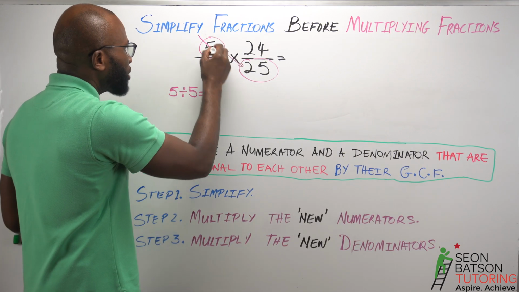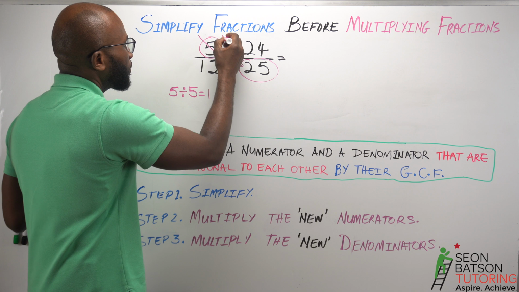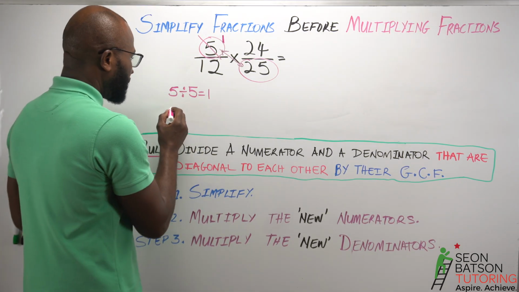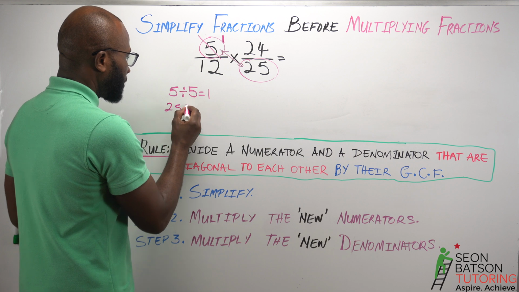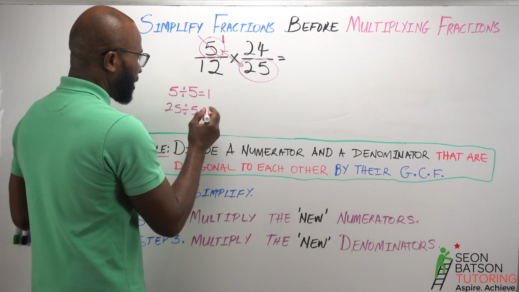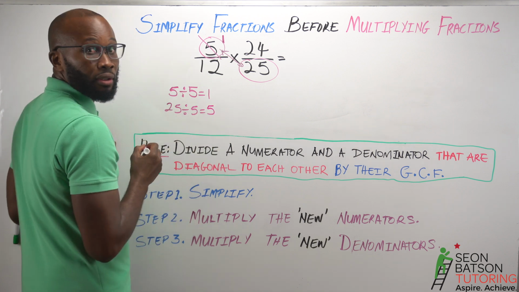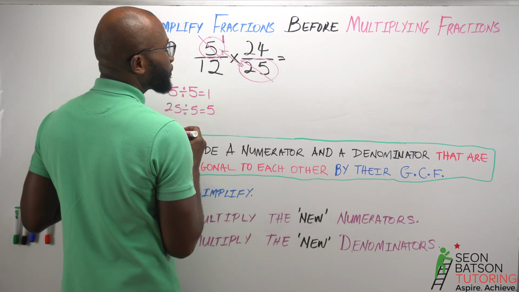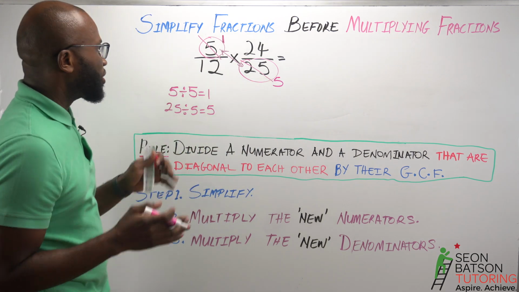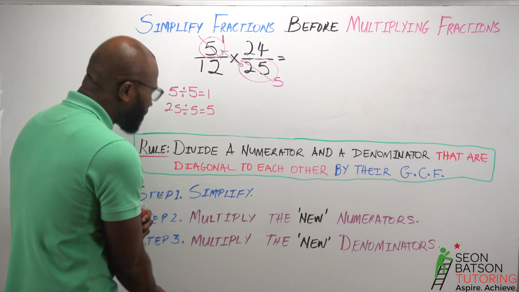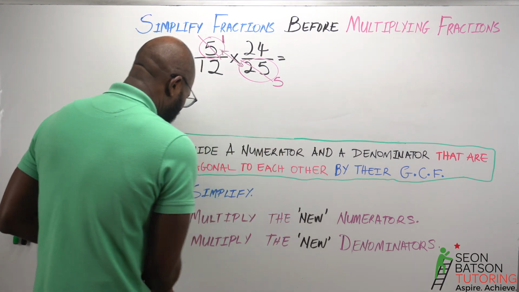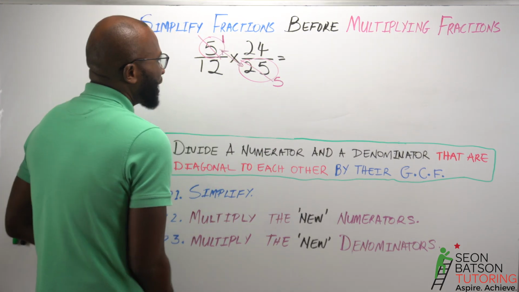So we have shrunk our 5 to a 1. And then we will divide 25 by 5. And 25 divided by 5 is 5. So we have shrunk 25 to a 5. It's looking good so far, yes? I love working with small numbers. Working with small numbers makes math even more exciting.